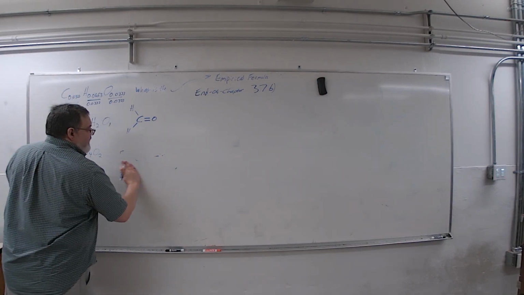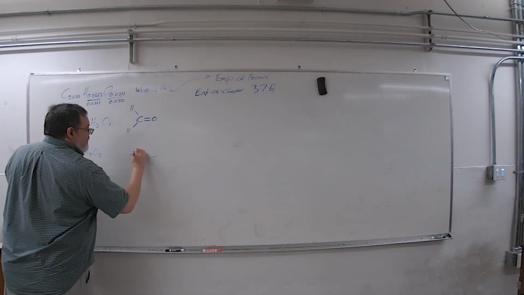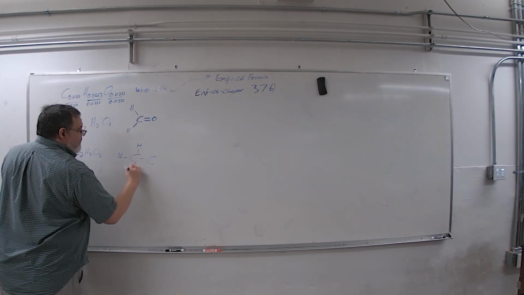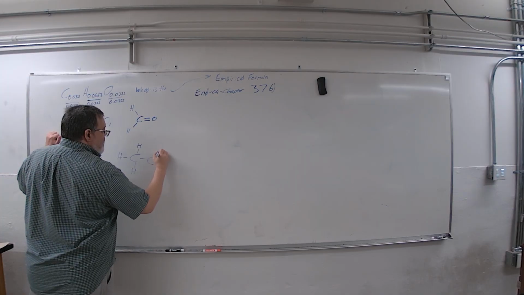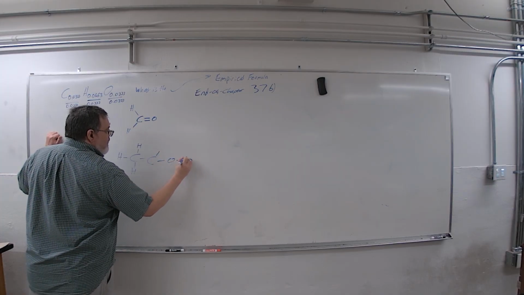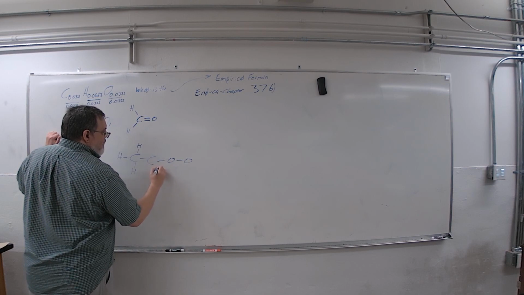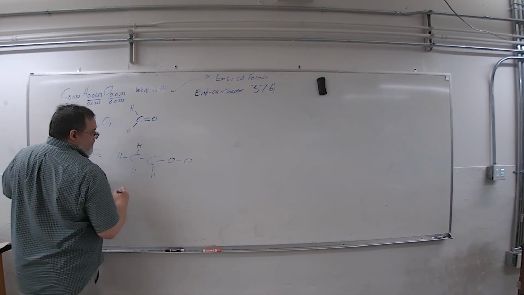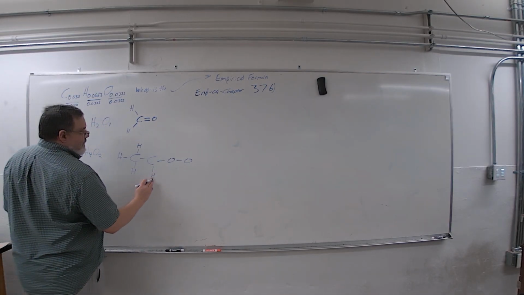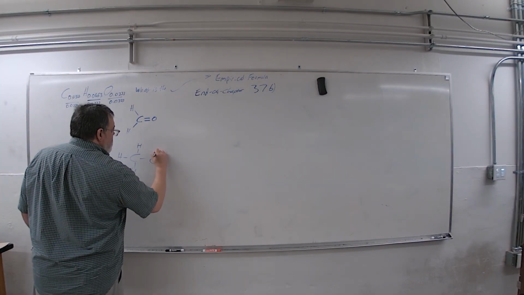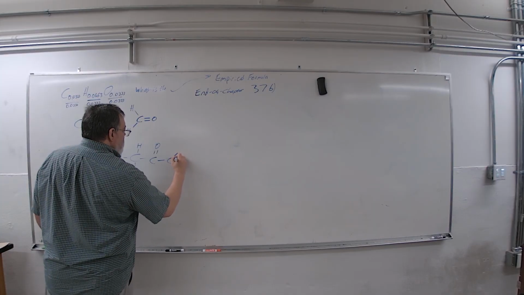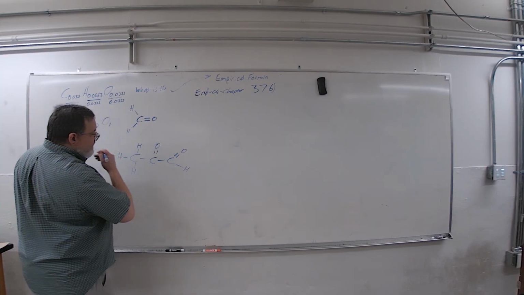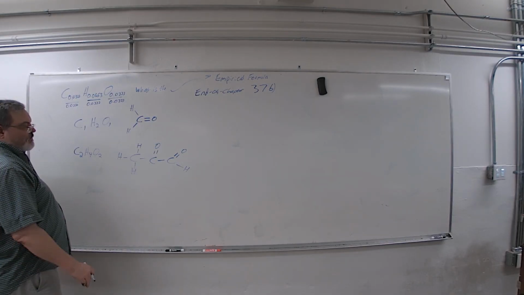Yeah, if I really wanted to do it, I guess I'd have to do this. 1, 2. I shouldn't waste time trying to do this, but that's a legit molecule.